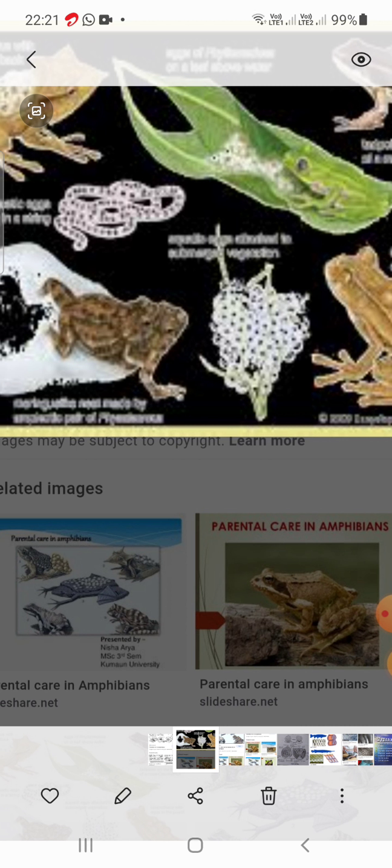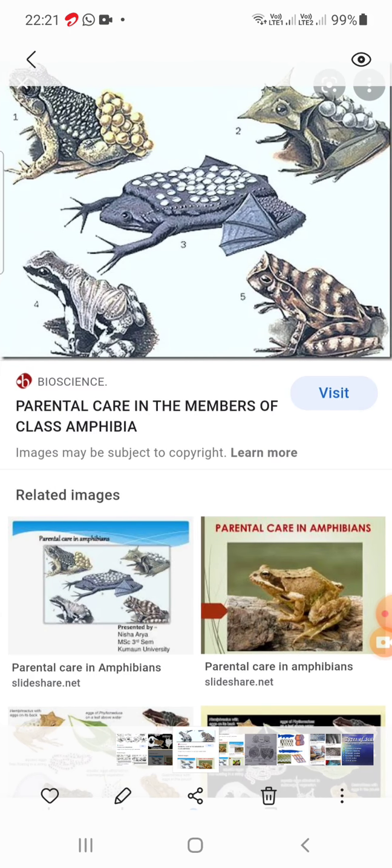This is one of the protections, by the building of nests. Nests are very important for the construction and protection of eggs from the predators. So the next main one is direct caring by the parents.